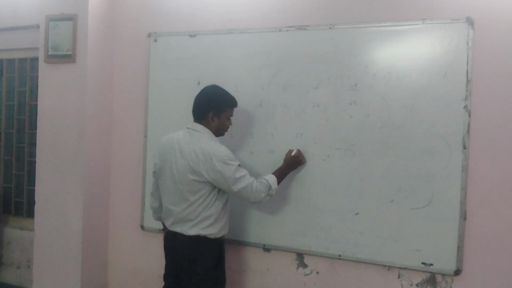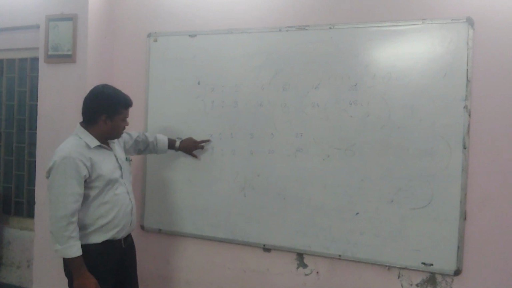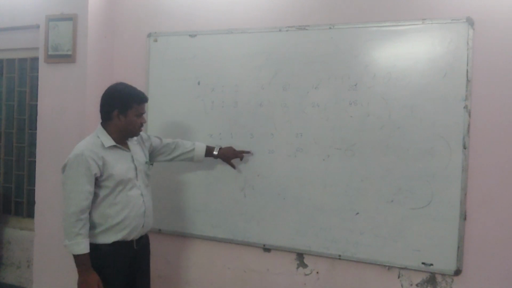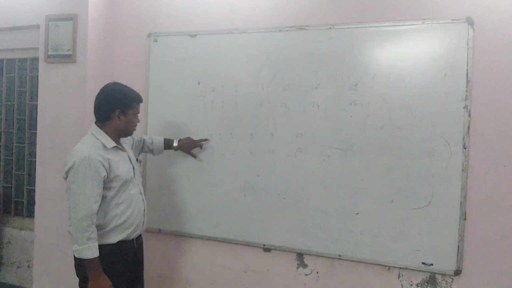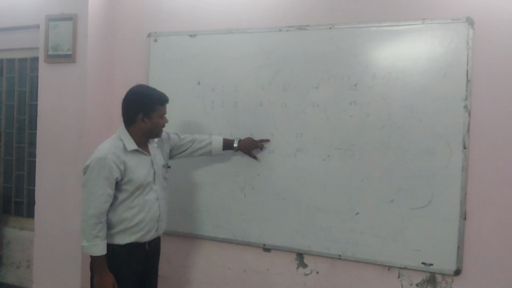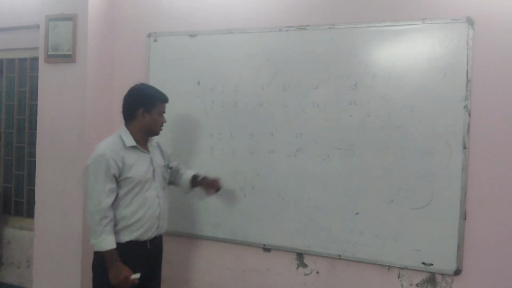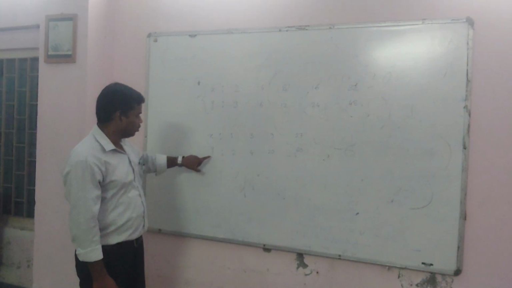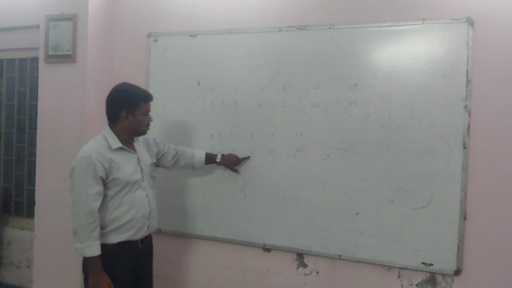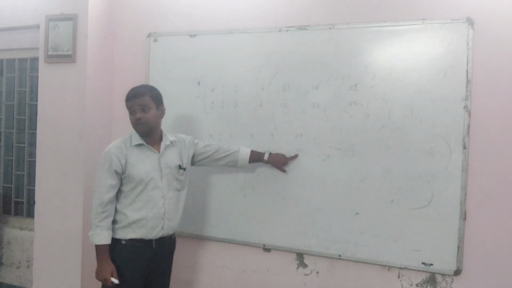So from these values of x and y, we can say that the rate of increase in values of x is 3 times, but there is no specific rate of change in values of y.